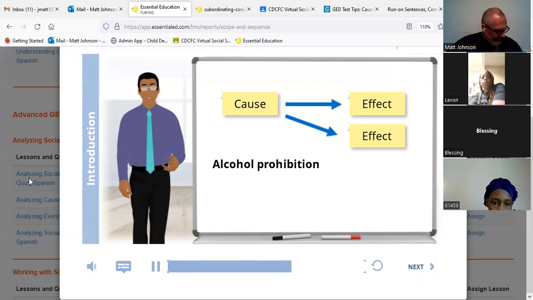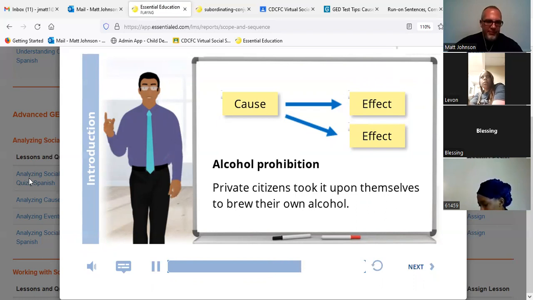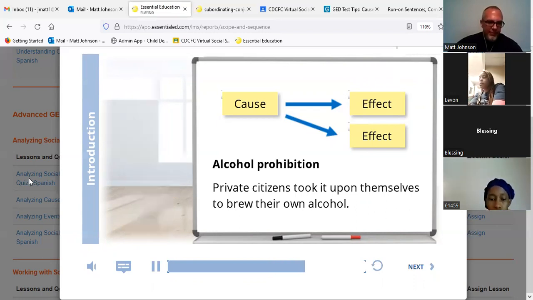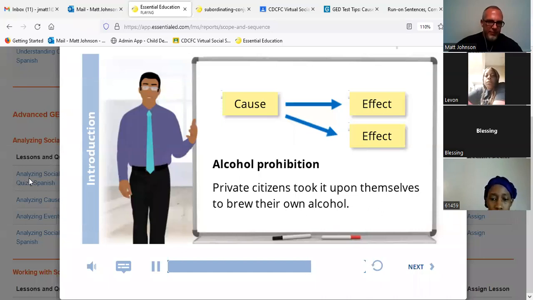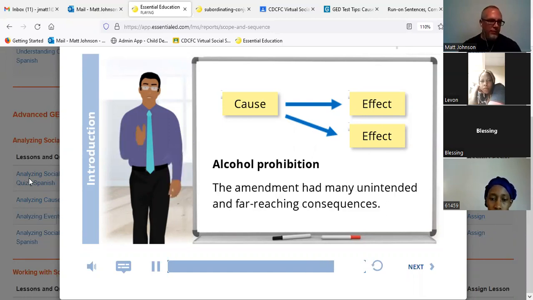The demand for alcohol was so great that private citizens took it upon themselves to brew their own alcohol. Since illegal alcohol isn't regulated by the government, no one was making sure that the alcohol was safe to drink. Many police officers, meanwhile, grew wealthy on bribes from alcohol traffickers, worsening the corruption of law enforcement. The amendment had many unintended and far-reaching consequences, so much so that the amendment eventually had to be repealed. If the Congress of 1919 had a stronger grasp of cause and effect, maybe the 18th Amendment would never have been written.